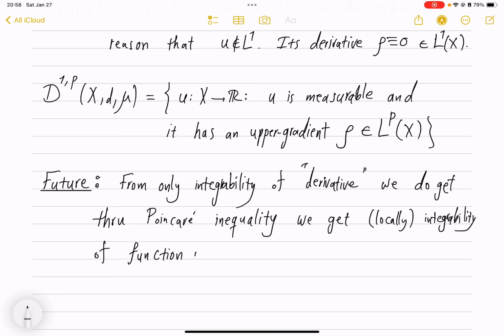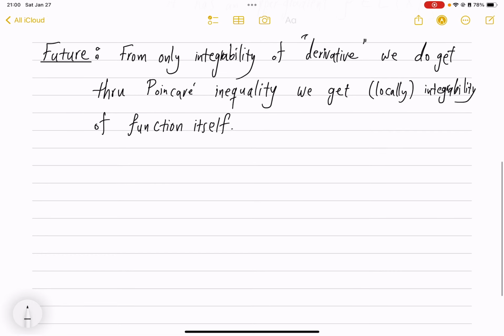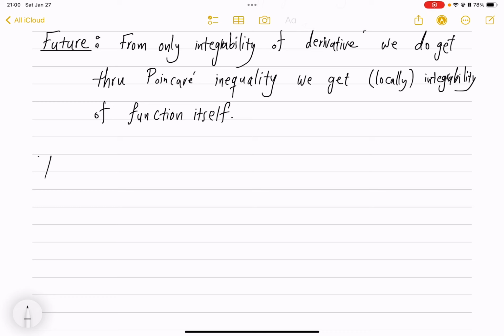So in a sense, even when you go back to classical Sobolev theory of W1P functions, the integrability of the function is not as significant a factor as that of its derivative. It's the integrability of the derivative, the tameness of the derivative of a function, that pretty much dictates how smooth and nicely behaved the function is. And hopefully in the example that I will do on R1, you will see some elements of this interplay.